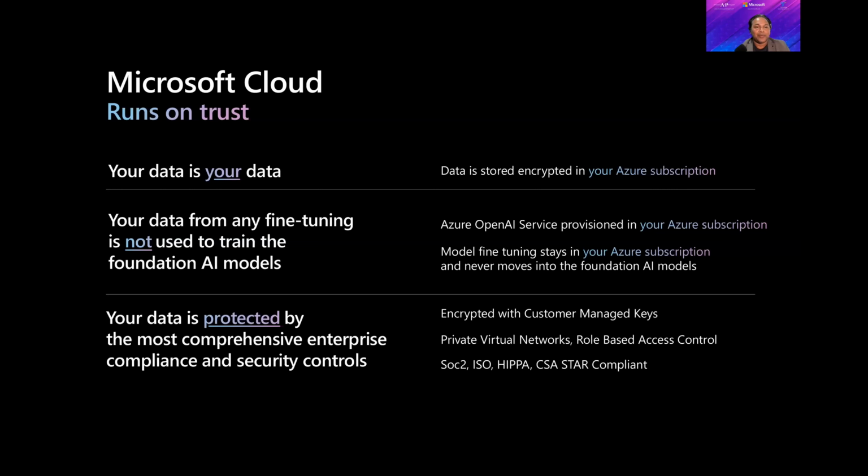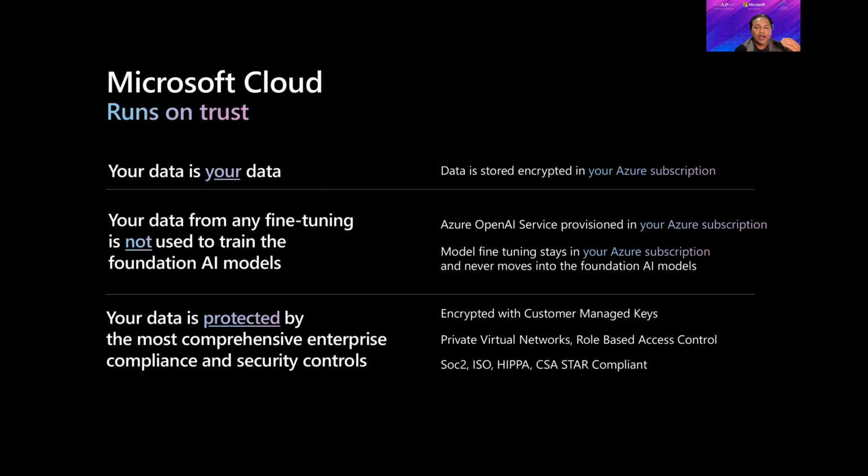Okay. And coming back to your security concern, Microsoft Cloud runs on trust. So this is where there is the value differentiation of Azure OpenAI versus OpenAI itself, right? With using Azure OpenAI on Microsoft Cloud, your data is your data.